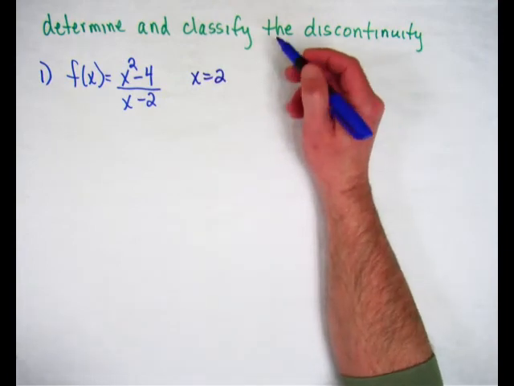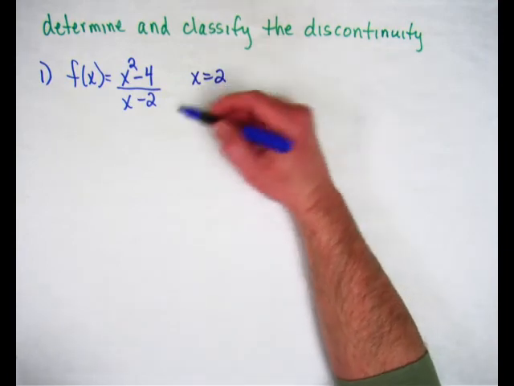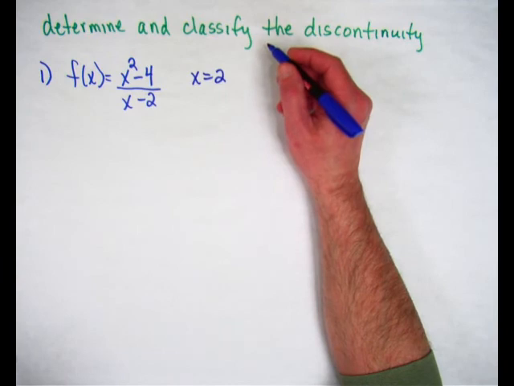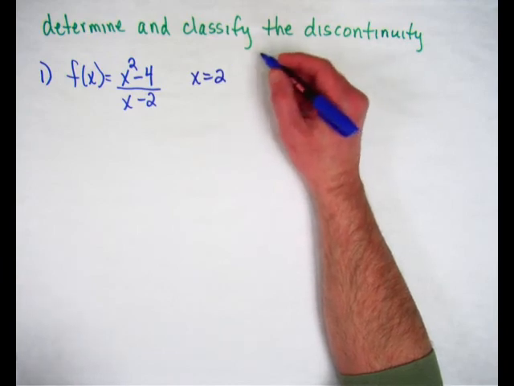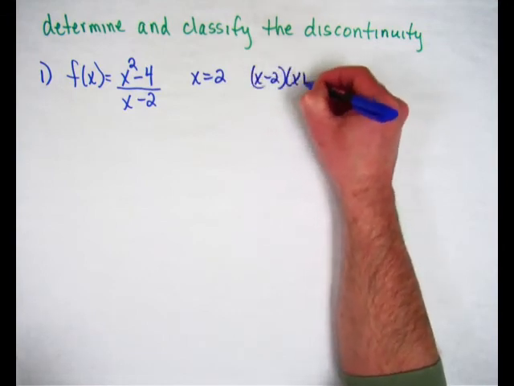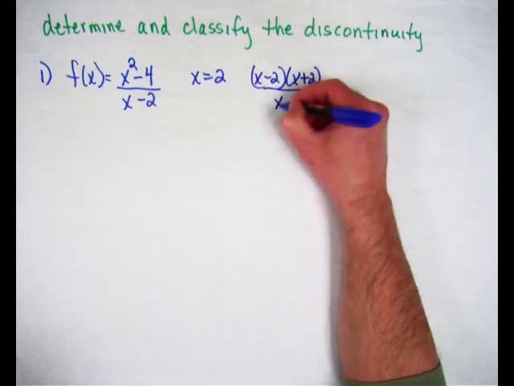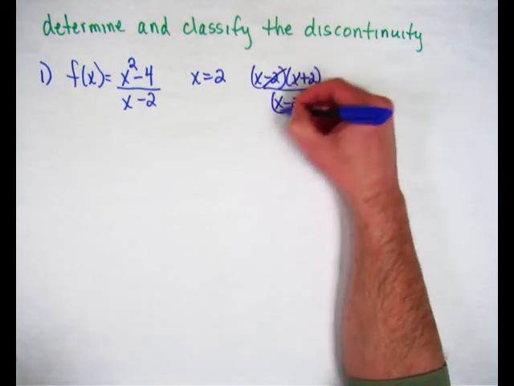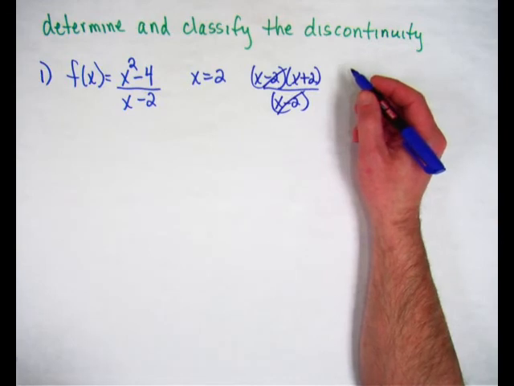And the way you tell is by what happens when you plug 2 in. If you plug 2 in and you get 0 over 0, which is what's going to happen in this case, then you know you have a limit of indeterminate form, and it can be removed by factoring. So in this case, if I factor out x minus 2 from the numerator and x minus 2 from the denominator, I've removed the discontinuity.